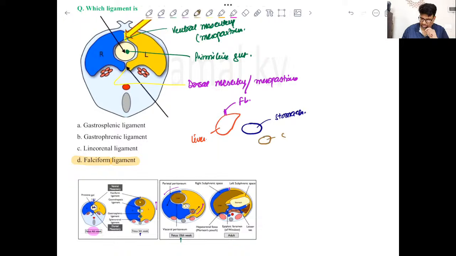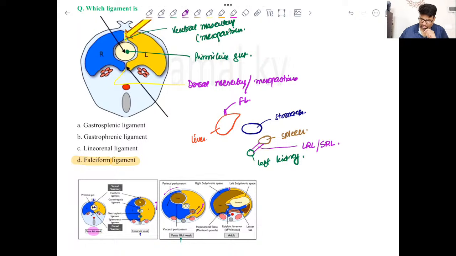So this is the spleen, and even posterior we have the left kidney. The ligament which is extending between the spleen and the kidney is the lienorenal ligament, or splenorenal ligament.